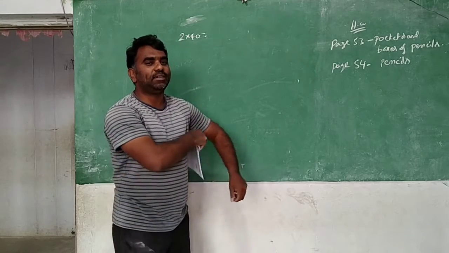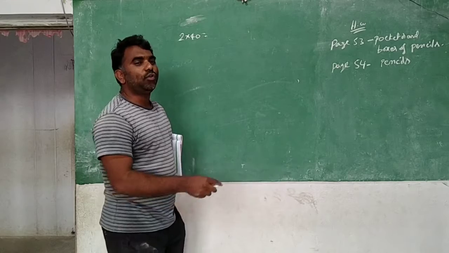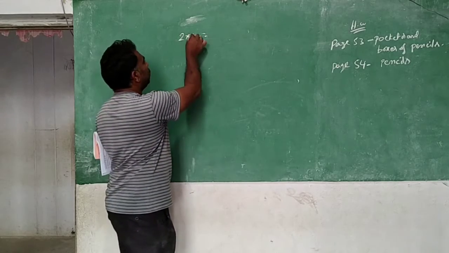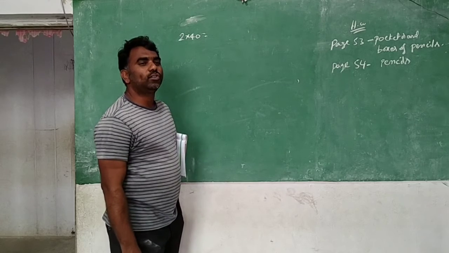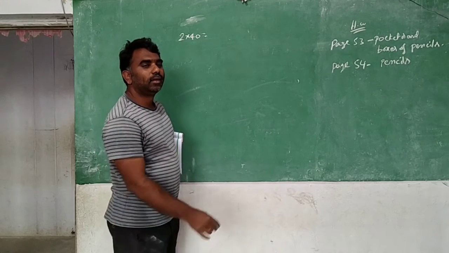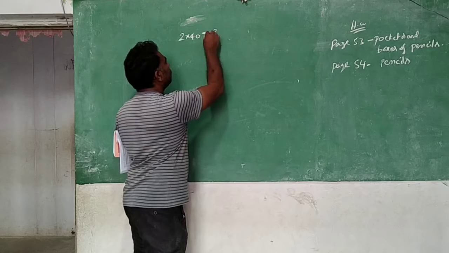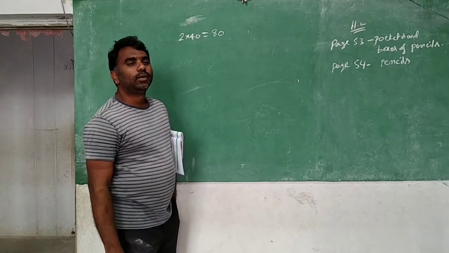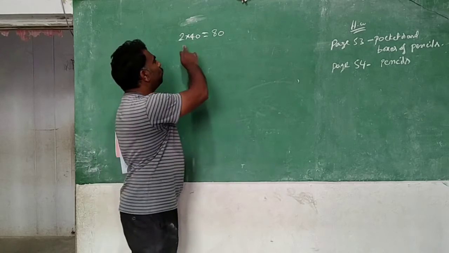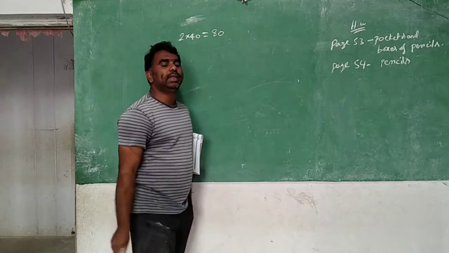You once watch it, I will explain you. 2 into 40 means, first you multiply only 2 and 4. 2 4s are 8. Keep 1 zero at the side, enough. 2 into 40 means 2 4s are 8, side 0, 80.